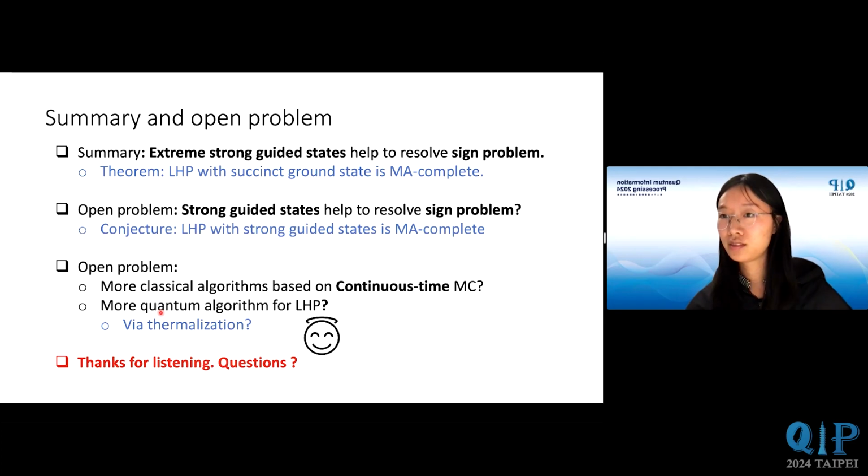I wanted to ask, both for your succinct guided states and for these strong guided states, these are basis dependent properties, right? Yeah. Any comment on how natural that is? What if I am interested in an assumption in a different basis? Yes, I think that's a very good question. I don't have a very good answer.